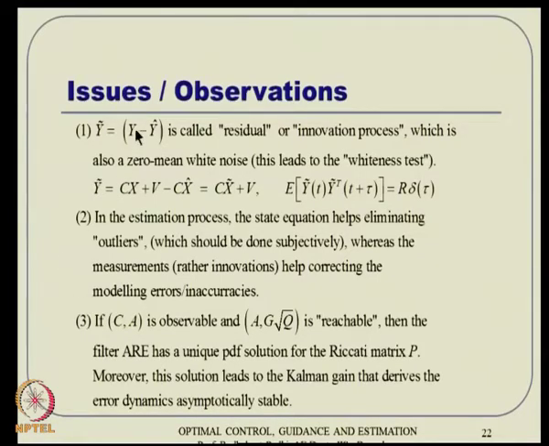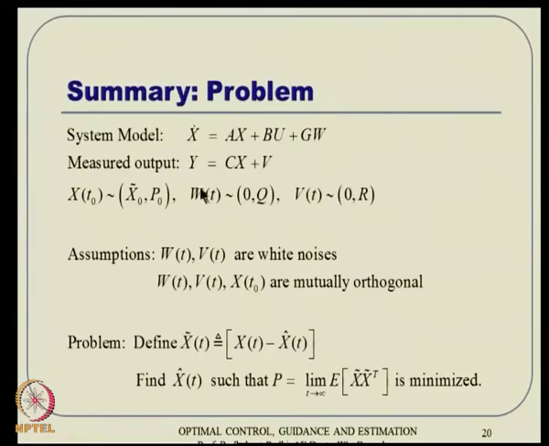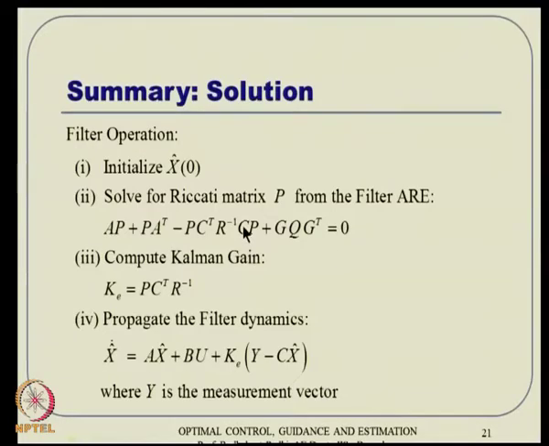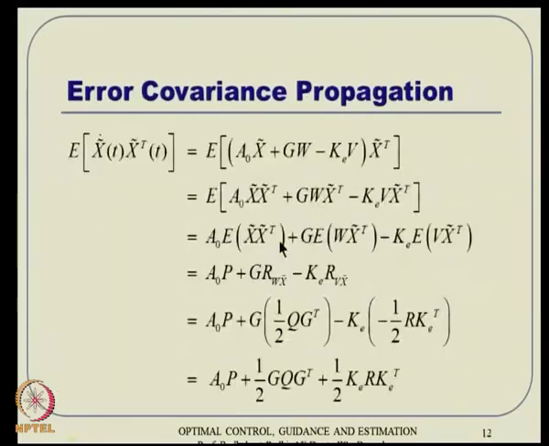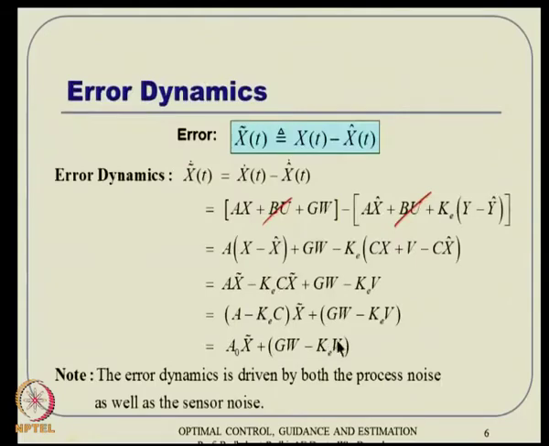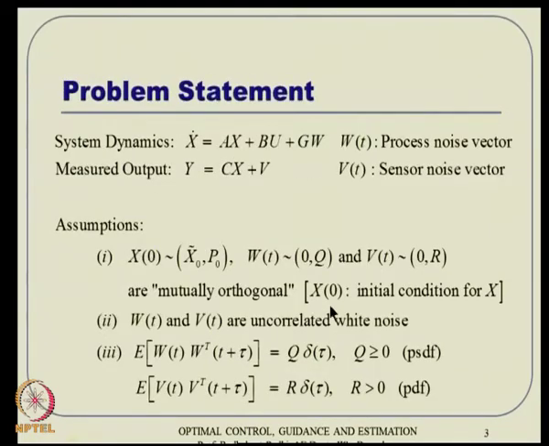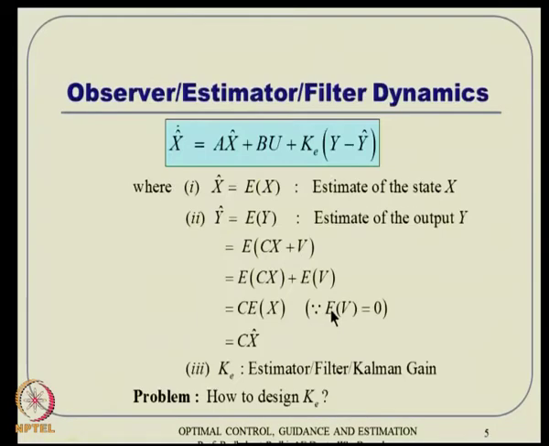So, first thing is y minus y hat, which you can think of as y tilde. Here y is the actual measurement and y hat is C x hat, the estimated or predicted output.